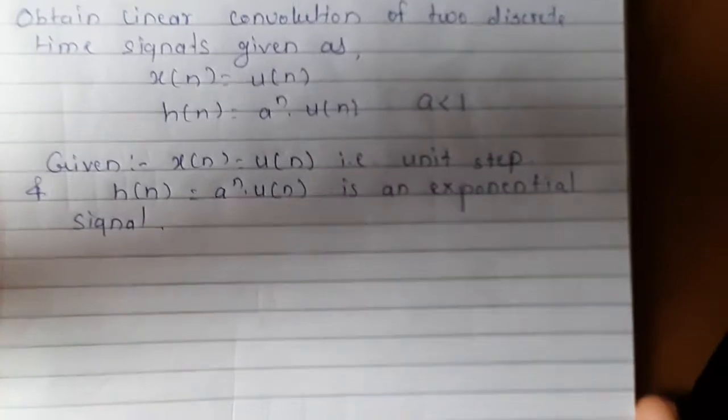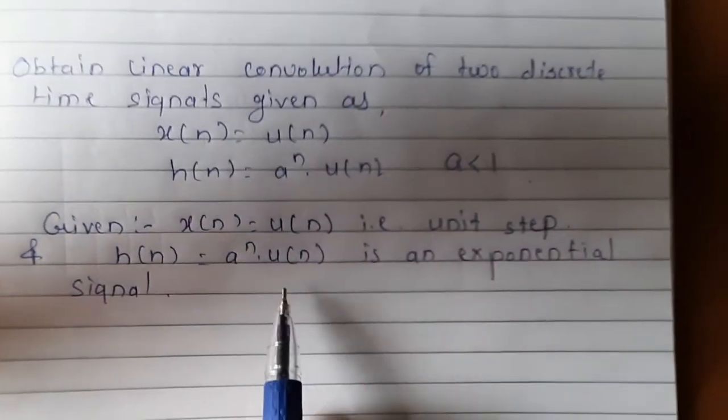So here a raised to n is an exponential signal and it is multiplied by u of n.